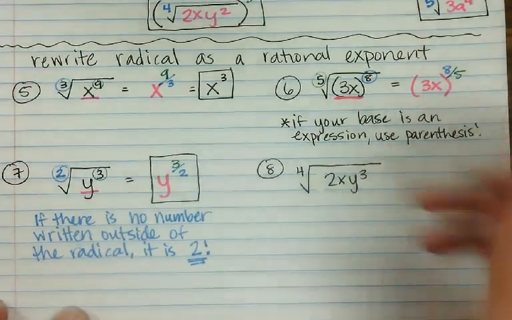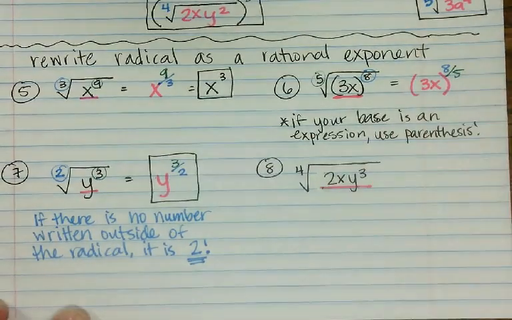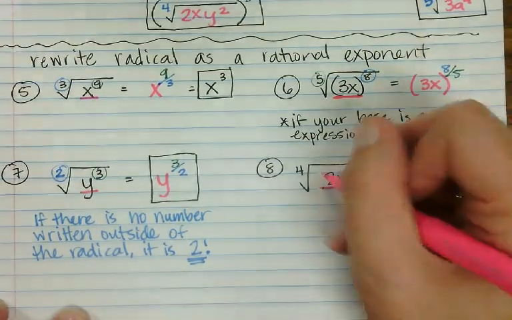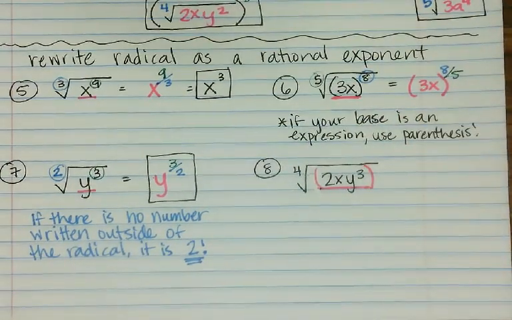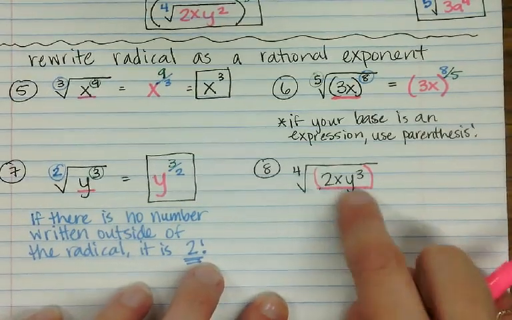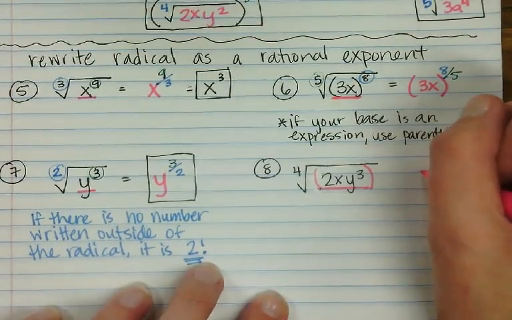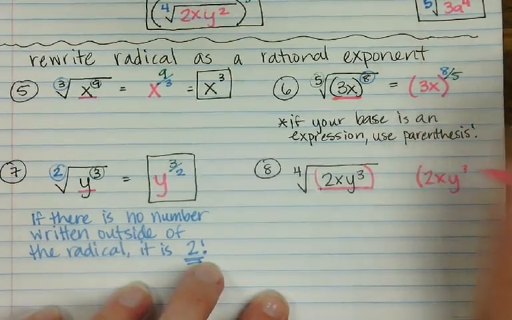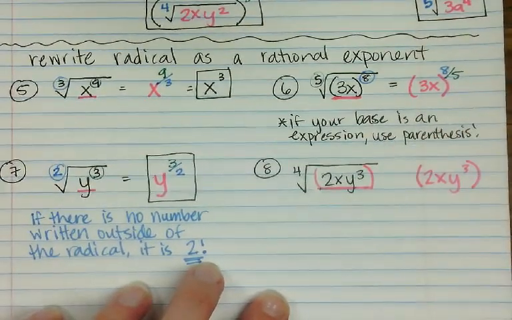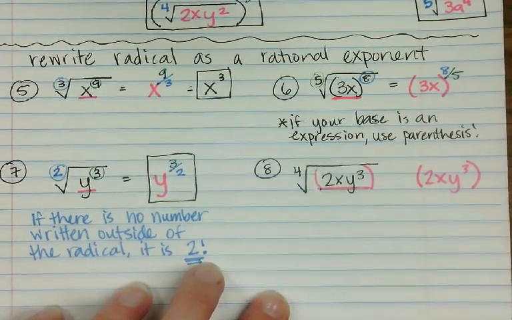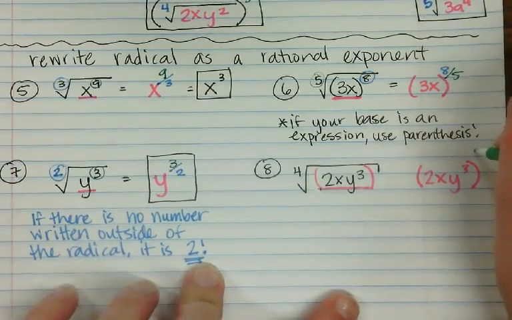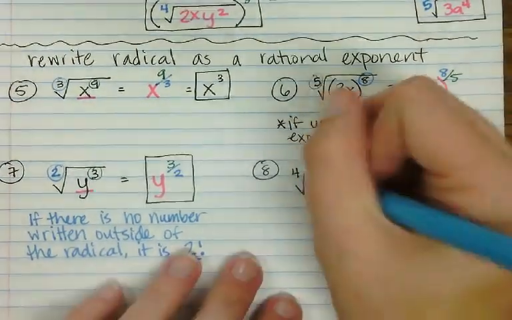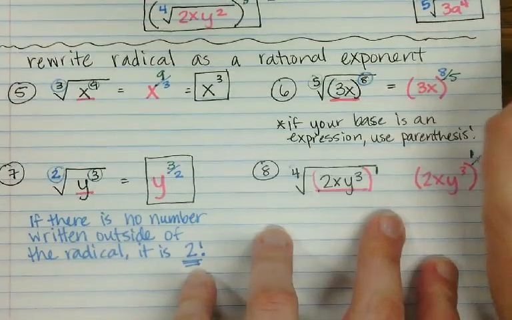So, y'all, this entire thing is your base, with your cube included, because that cube only affects your y. It doesn't affect all these other guys. So in this case, we have 2xy cubed. That entire thing is your base. But what is my exponent? What is everything being raised to, y'all? Just a 1. So that entire expression is being raised to a 1. So that would be 1 over 4.